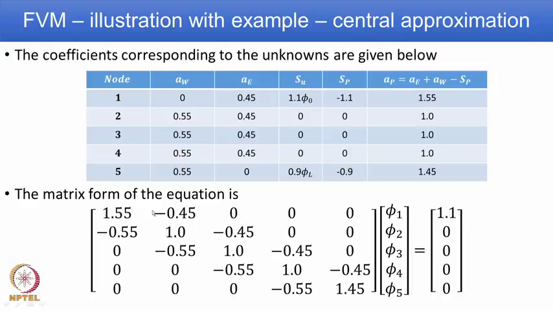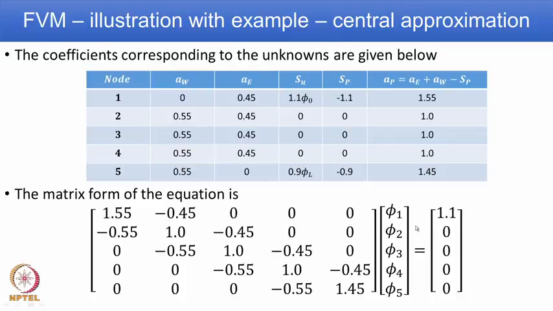If you look at this, this is a coefficient matrix multiplying the unknown variable column vector on the left side, and on the right side the known value column vector. This P runs from left to right, that is from 1 to 5, and that is what is given here as the unknown column vector.